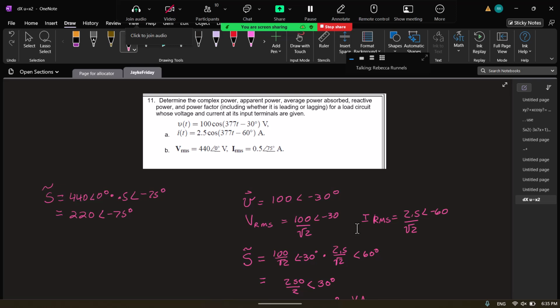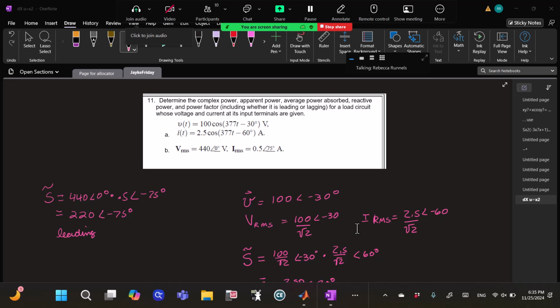So this one would be leading because our current angle is bigger than our voltage angle. If you haven't yet heard my praise of this particular calculator, the TI-36X Pro, it's fantastic.